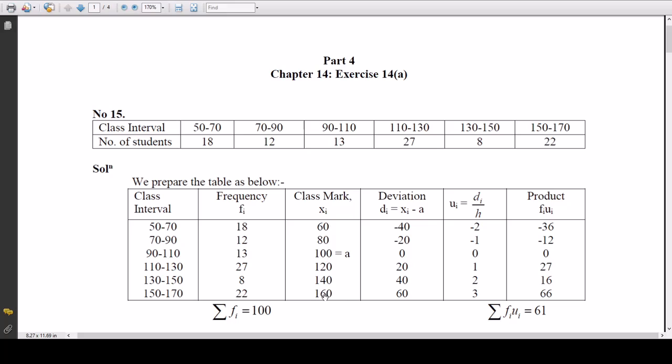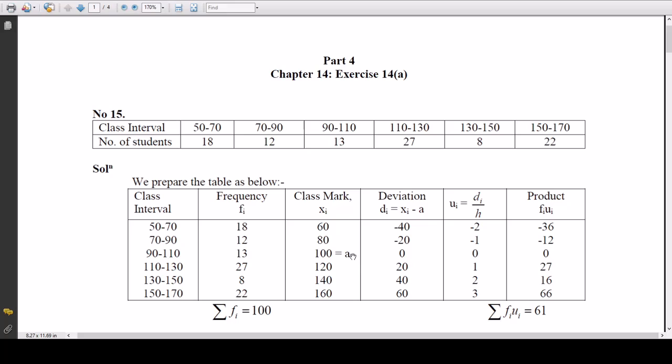Out of these we will consider the mean to be 100. From 60 up to 160, we'll consider the assumed mean to be 100.